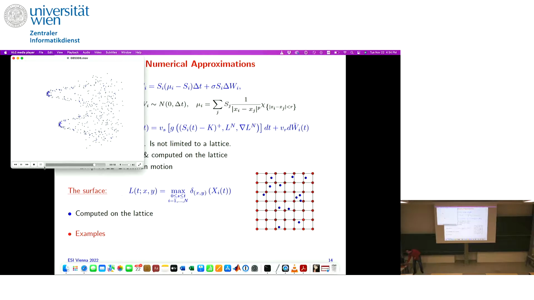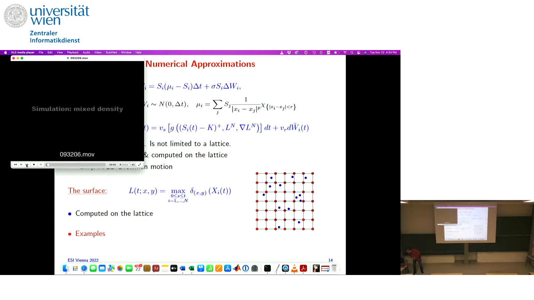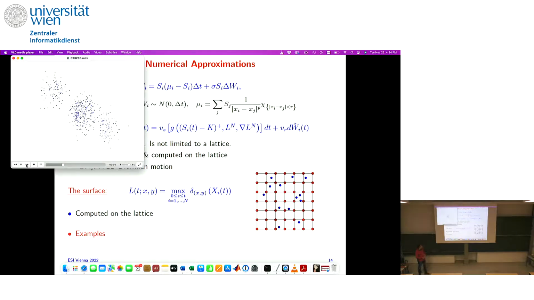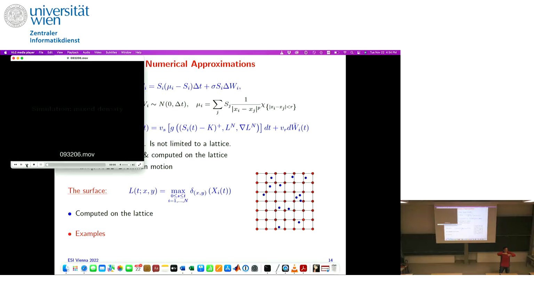What I'm trying to say is, think about these red markings as the trajectories.